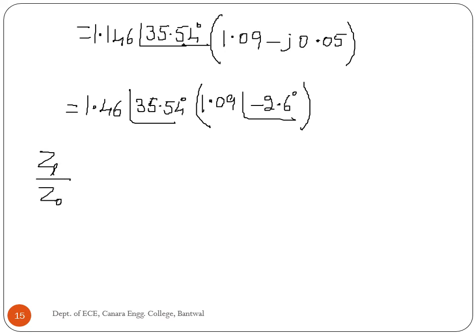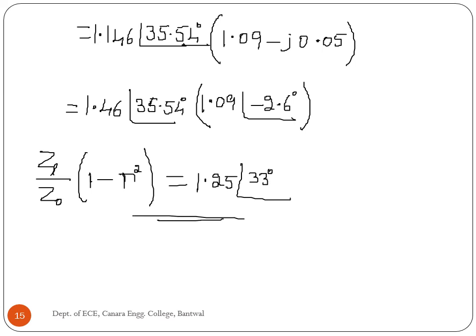ZL by Z0 (1 minus gamma square) is equal to 1.146 multiplied with 1.09, which is equal to 1.25, angle 35.54 degree plus minus 2.6, that is equal to 33 degree. We got T is 1.07 plus j0.32.